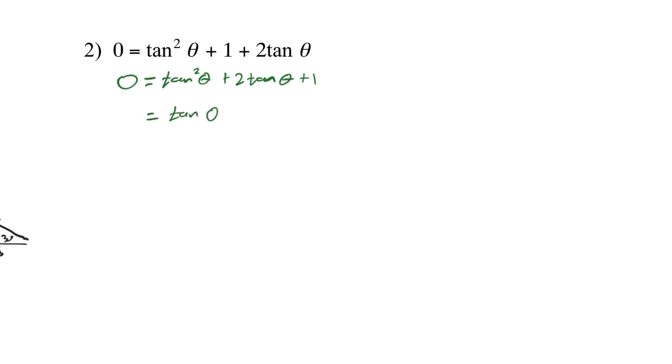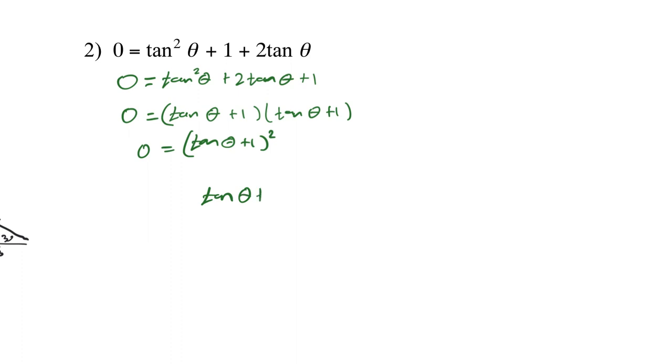So tangent of theta plus 1 times tangent of theta plus 1. So this is the same as tangent of theta plus 1 squared. This will be 0 whenever this is 0, so I can just take one. Tangent of theta plus 1 equals 0, so that means tangent of theta equals negative 1.